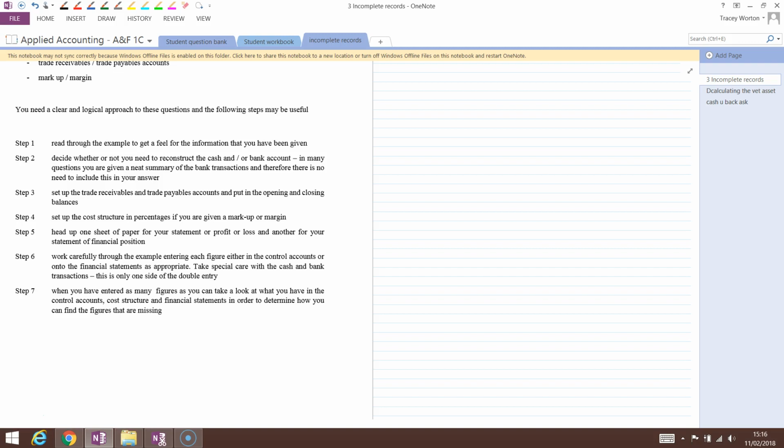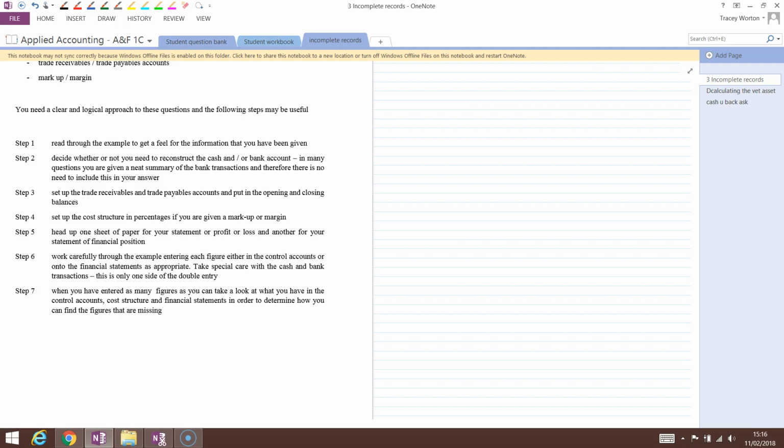You may at this point want to highlight the main information that you've got, try and pick out things like your sales, your purchases, any kind of expenses that are going through. Is there any entries going through from the bank? And then secondly, decide whether or not you need to reconstruct the bank and or the cash account. In a lot of questions you'll be given a summary of the bank transactions. No need to include this in your answer.